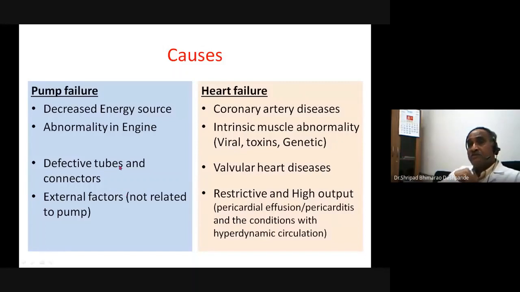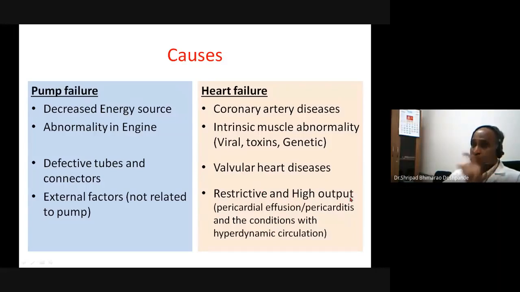Then comes the defective tubes and connectors. I have already mentioned valvular heart diseases, maybe stenosis or incompetence of the atrioventricular valves or the aortic and pulmonary valves. Then I mentioned external factors, the restrictive and high output.